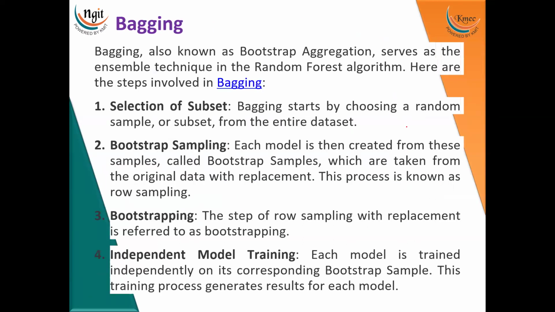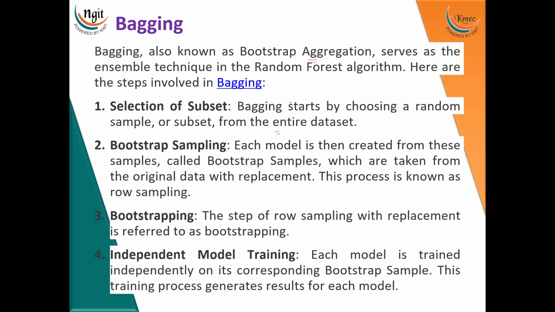Let us discuss what this bagging is. It is also known as bootstrap aggregation, and it serves as an ensemble technique in the random forest algorithm. These are a few of the steps involved in bagging. The very first step is selection of a subset. That is, from the given data set, we have to select a sample or subset from the entire data set.